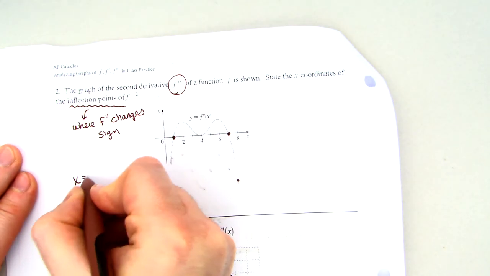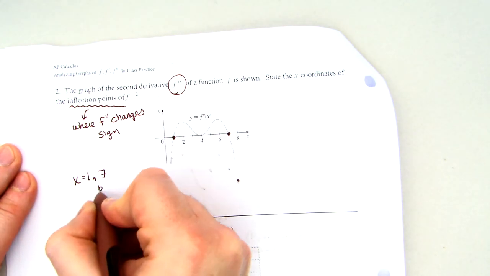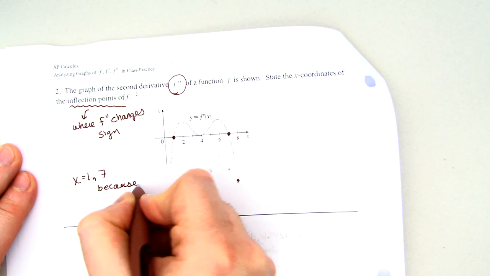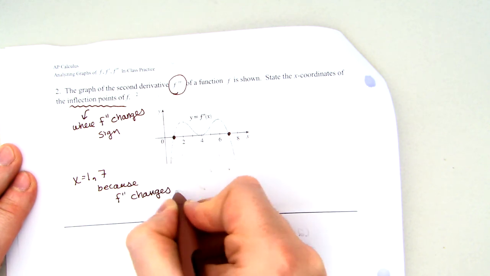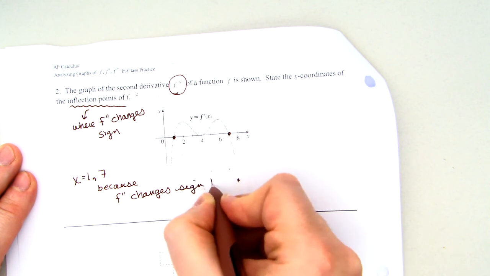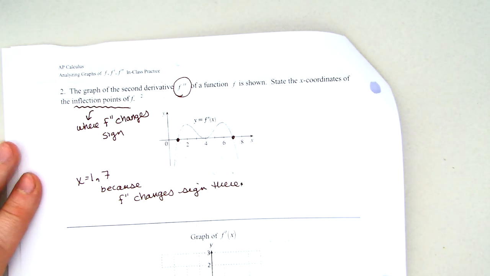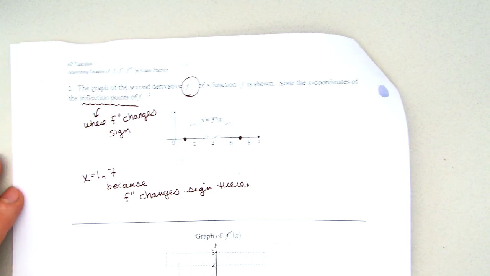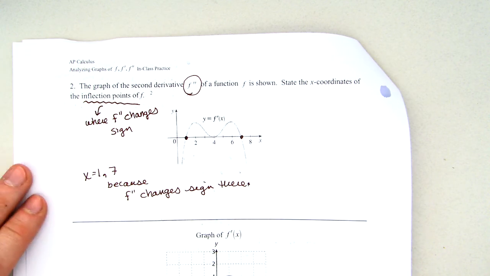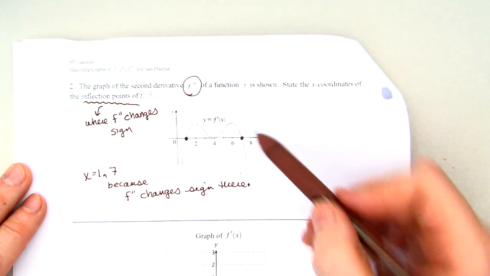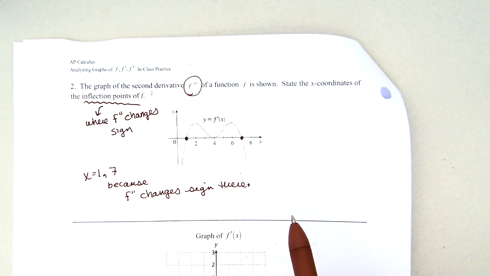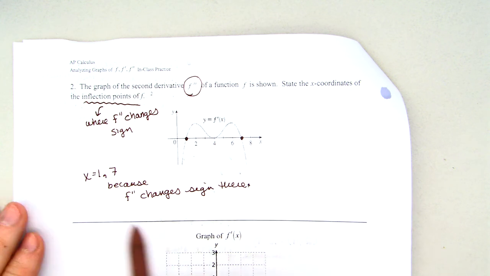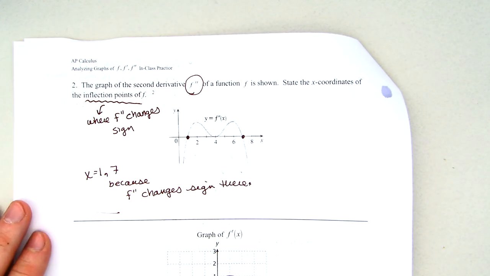We're going to say x equals 1 and x equals 7 because f double prime changes sign there. Since I have the graph of f double prime and my explanation talks about f double prime, I don't need to refer to anything else like I did with my point of inflection on the previous page. I'm done with my explanation here.